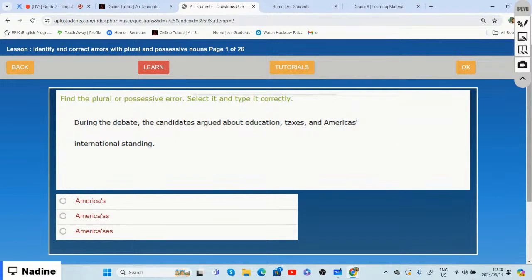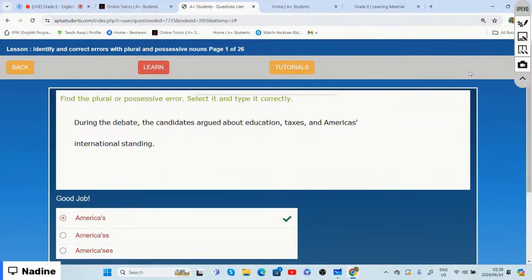So we can then say America, because remember, we say America's international standing, which means that we are making mention of America. So we can say it's America's, with an apostrophe and then an S, not an apostrophe afterwards.